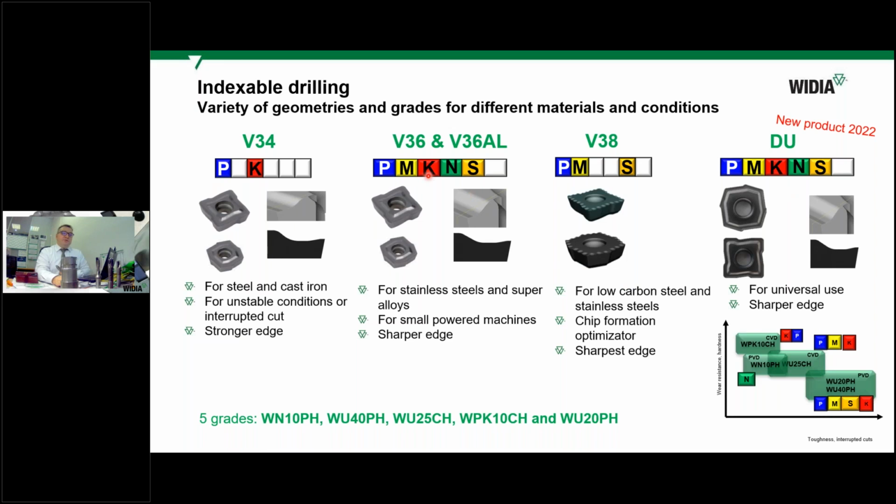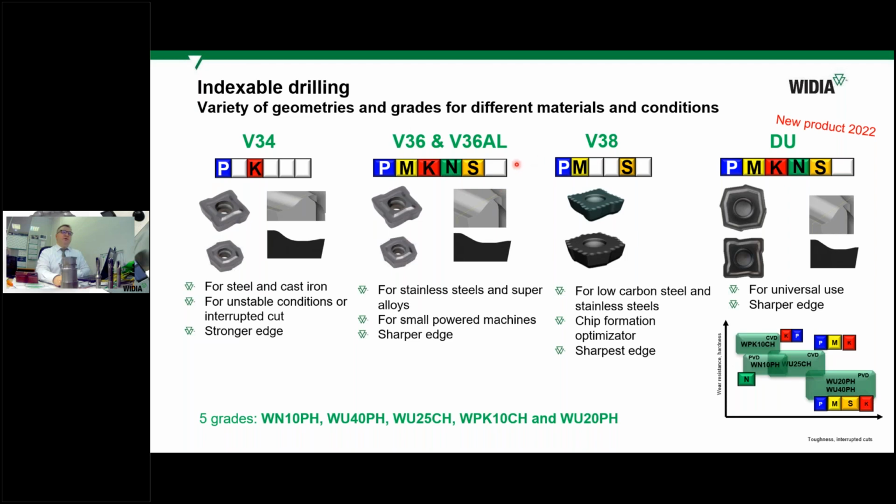Here you can see we have 5 different geometries. One is universal, by the way, a new product from 2022 from Vidya. And the others are special. For example, V36 is a stronger geometry for steel and cast iron. V36 sharper geometry for stainless steels, low carbon steels, and also super alloys.